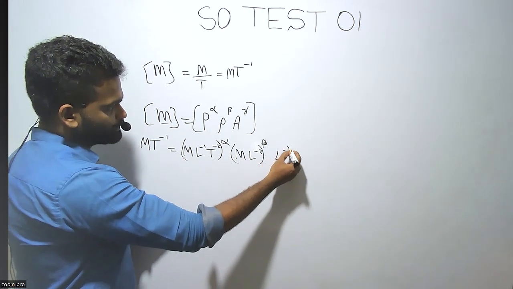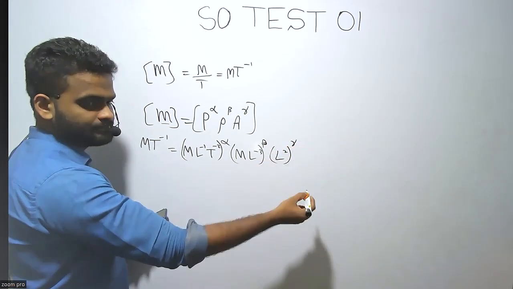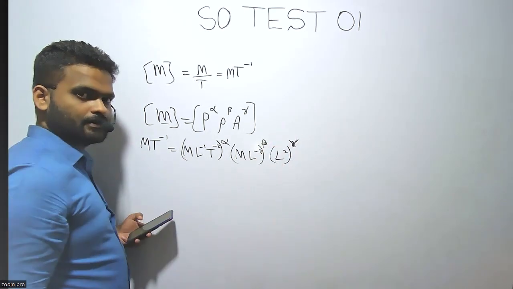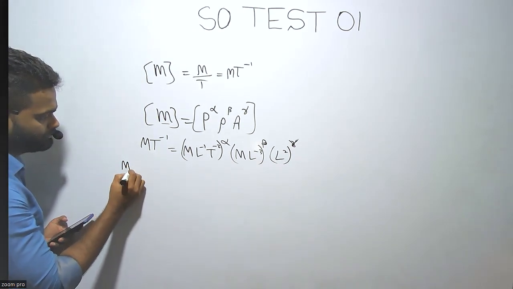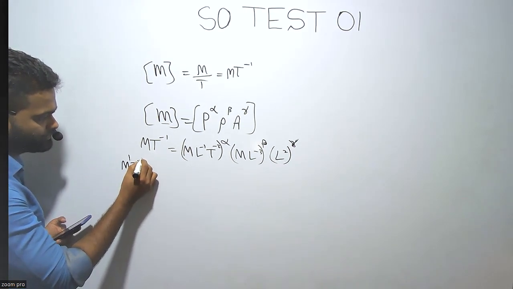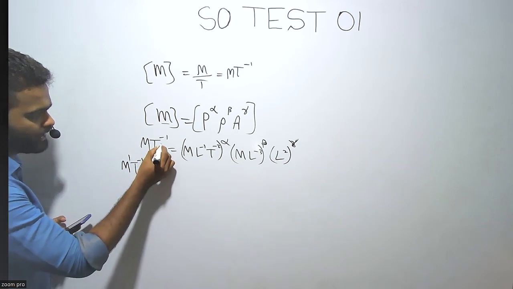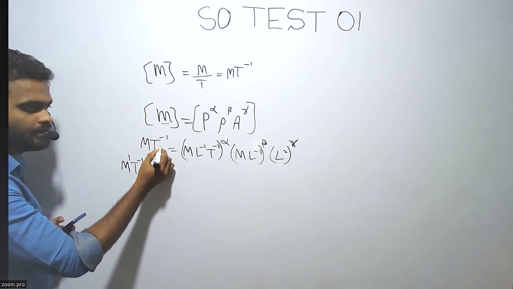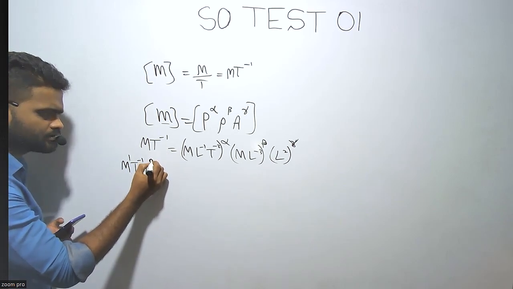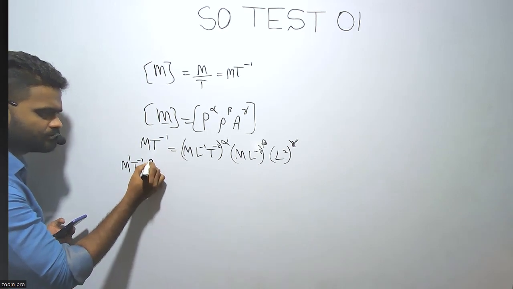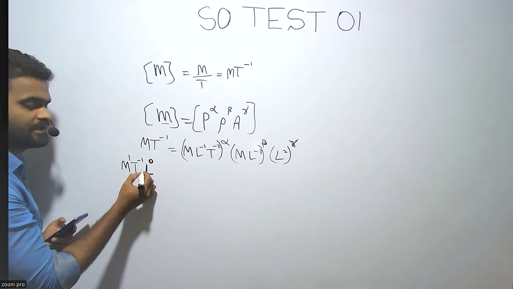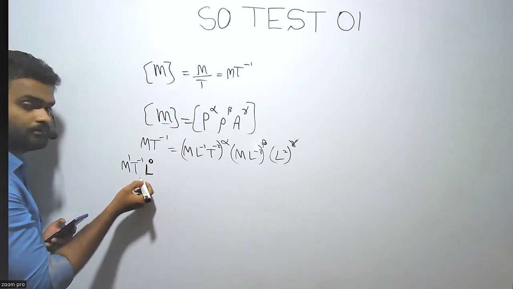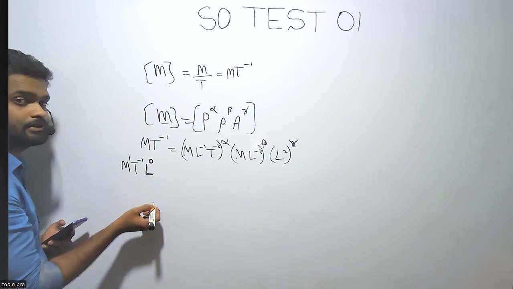Area means L squared, to the power gamma, right? So here you have M1 T minus 1. Since we don't have a capital L here, I'll just put L naught, L to the power 0. What is it? It is 1, right? Nothing changes when you multiply something by 1. Okay, so I'll just put L naught here.